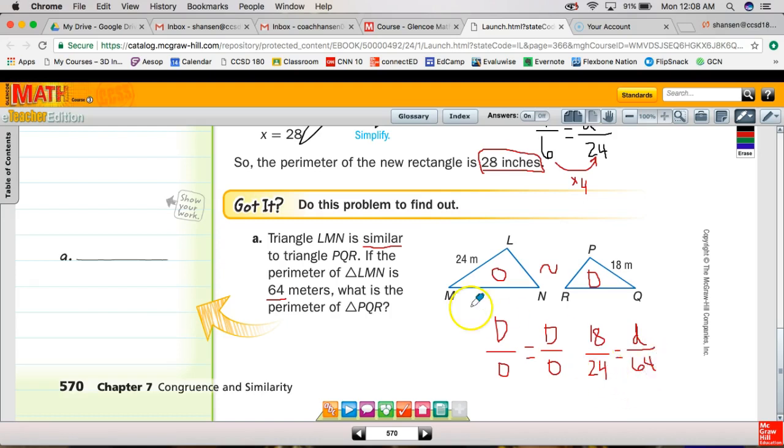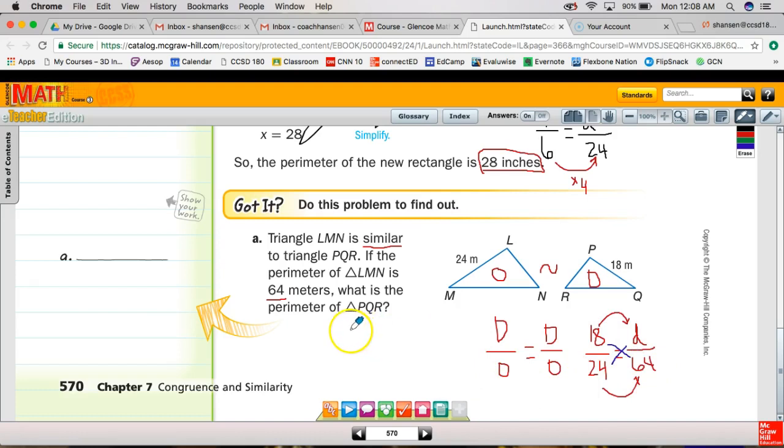Okay. Now, the issue here is there is not necessarily a pattern to get you from 24 to 64. So this is certainly a situation where I'm going to have to cross multiply. I'm going to multiply 18 times 64 and 24 times D. I'm just going to move it over here because I ran out of room at the bottom.